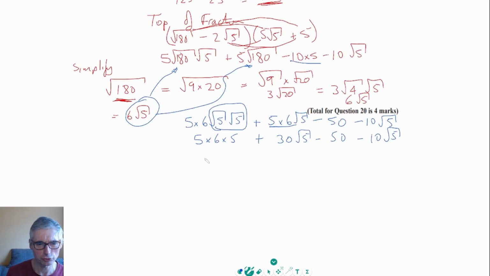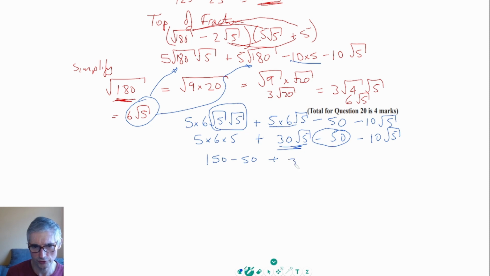So from this step, I'm going to tidy this up. I've got 5 times 6 is 30, and then times 5 will give me 150. I'm also going to collect up the bits without the surds, so I'm going to take away 50 from that. And then I've got the bits with the surds, the root 5s.